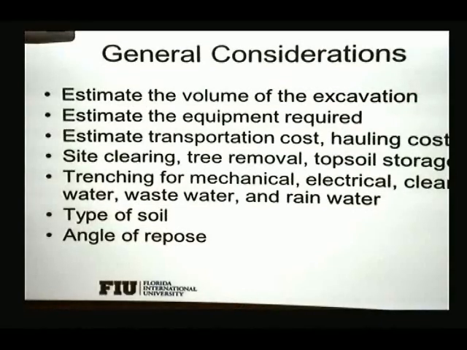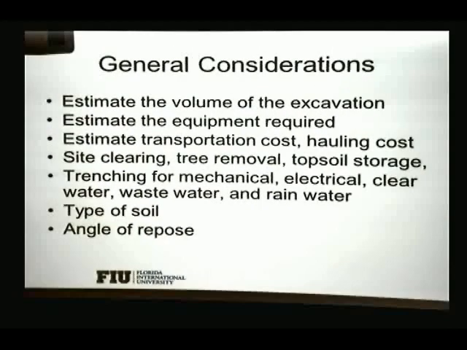So you need to pay for the equipment. If it's not yours, you have the renting, you have the fuel, you have the operator, you have maintenance. All of those costs are associated with the earth move.